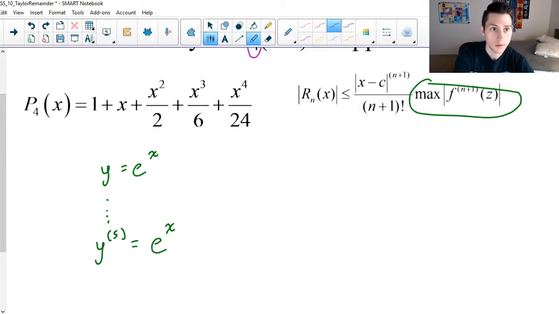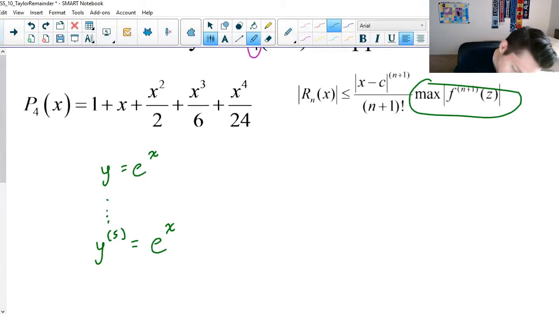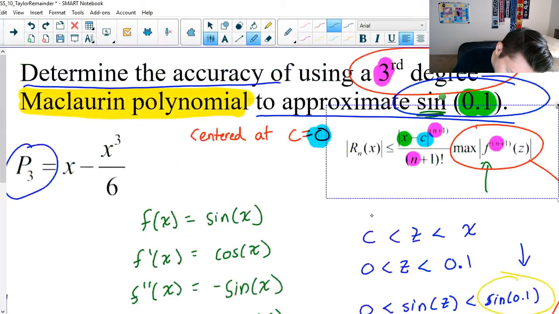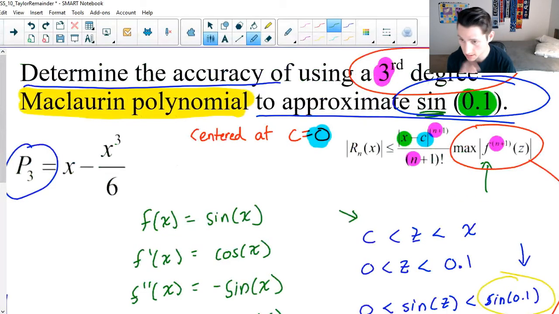Why is this? Okay. So let's look at that. Just like last time, we started by looking at this z that we're talking about, which is between c and x.